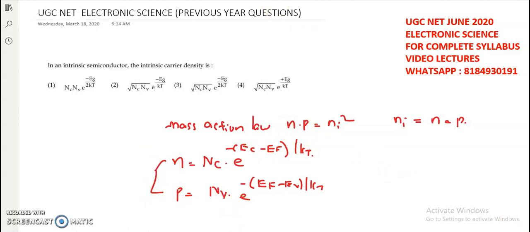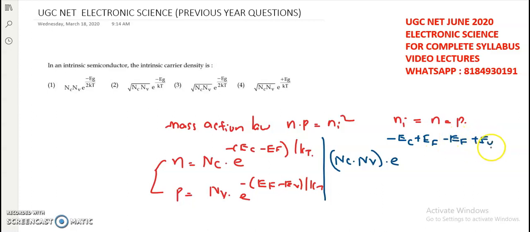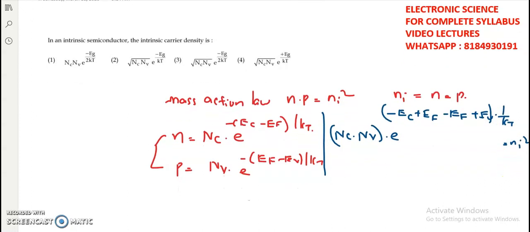After multiplying, we get Nc into Nv into e power minus Ec plus Ef minus Ef plus Ev, whole divided by Kt, is equal to Ni square.